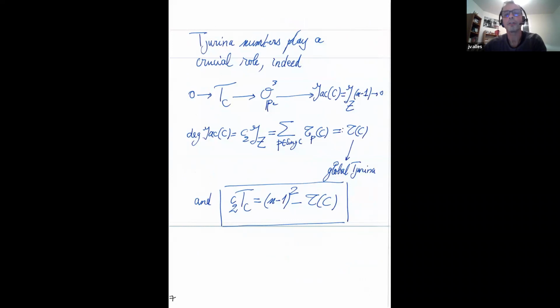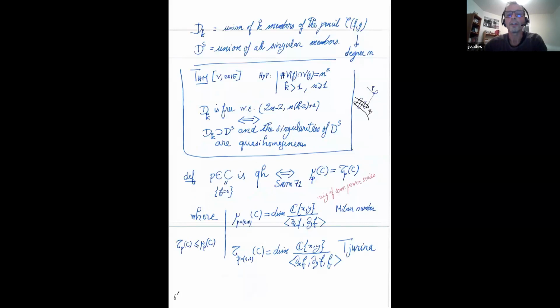Indeed, if I consider the Jacobian map, in the exact sequence, what I wrote JAC-C is the image of nabla F, the Jacobian ideal defined by the partial derivatives of F. When you want to compute the length of this locus, the length defined by the Jacobian ideal, the degree of JAC-C is given by the sum of the Tjurina numbers and not the sum of the Milnor numbers, because locally the ideal generated by the partial derivatives will give you not d_x f, d_y f, but d_x f, d_y f, and d_z f, which is equivalent locally to f.